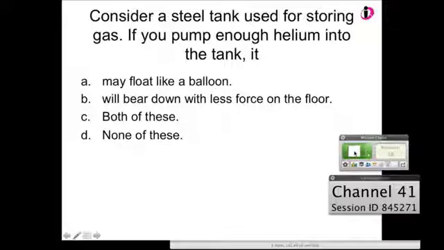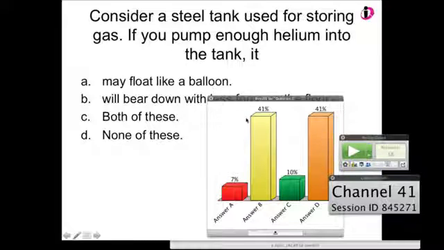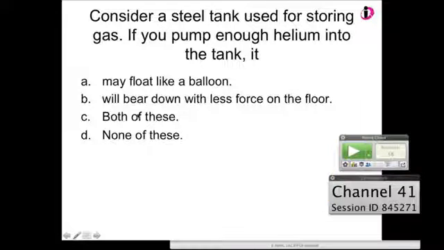Well, what I like is it's either just floats like a balloon. No, you guys said it will bear down less or do nothing. I guess you guys need to talk to each other more. Reopen it. Talk some more. See what your friends are thinking.